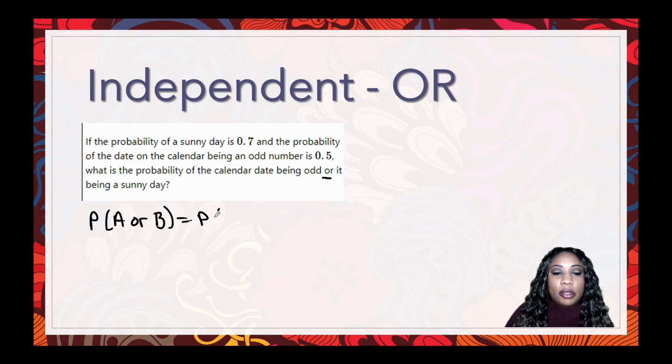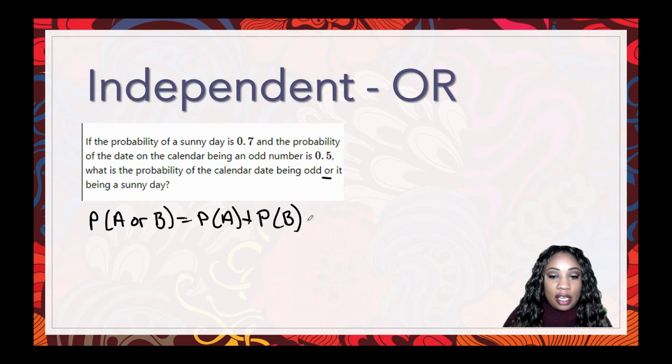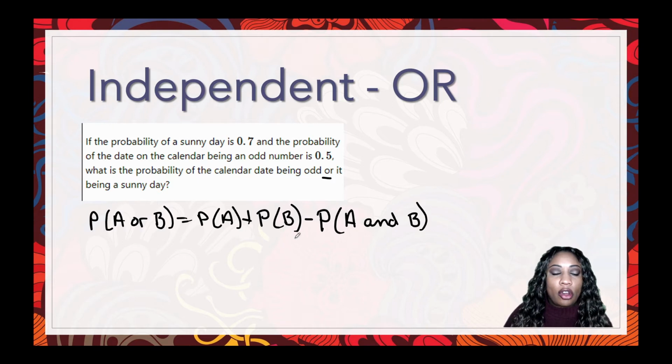which is the probability of A plus the probability of B. And these are independent events. They can happen on the same day, so we have to subtract that overlap. Okay, so the probability of A is that it's going to be odd. So an odd number is 0.5. And then the probability of B is that it's going to be sunny.